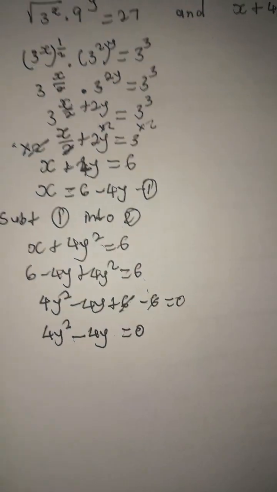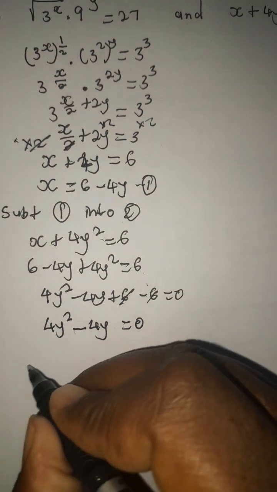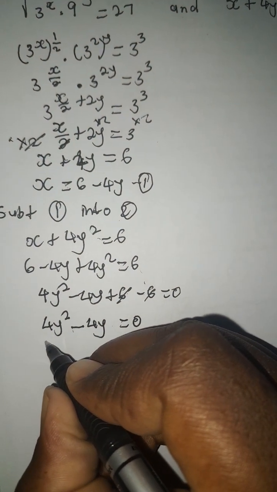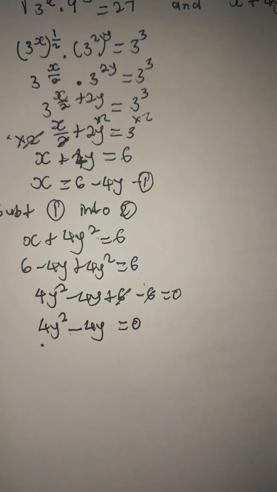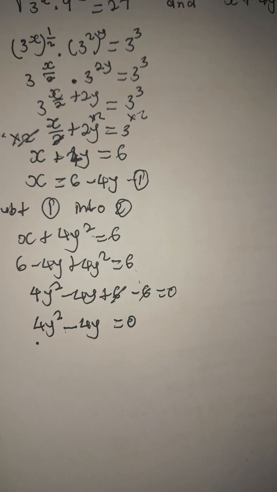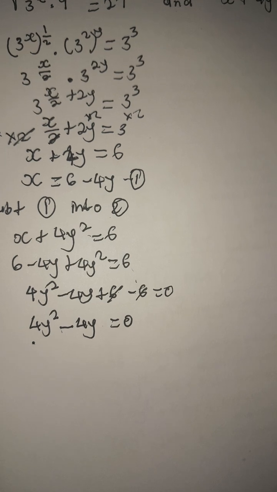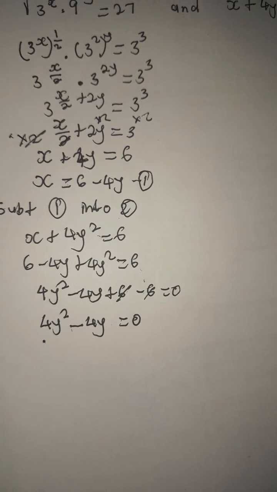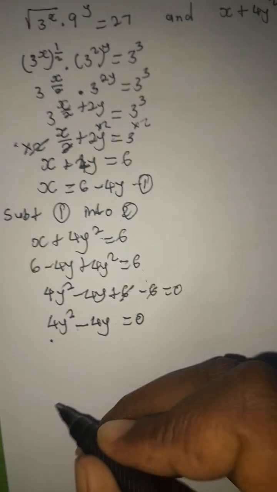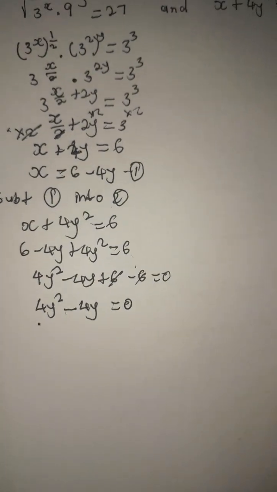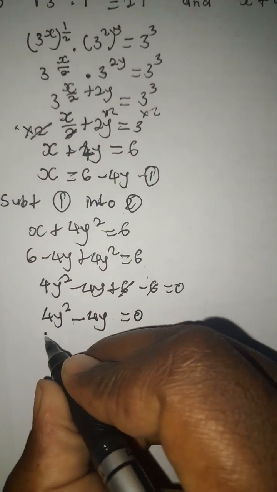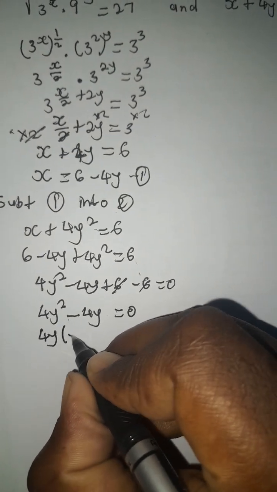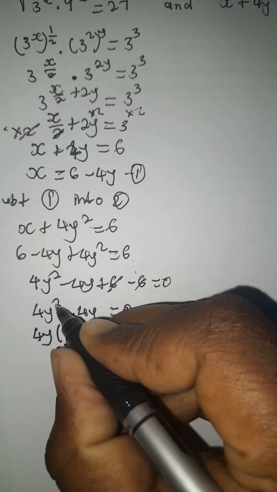So the best way is to take out the highest common factor. If we take out 4y as the highest common factor, let's see how we can tackle that. If you take 4y as your highest common factor, you'll be left with y here, because 4y times y is 4y squared.